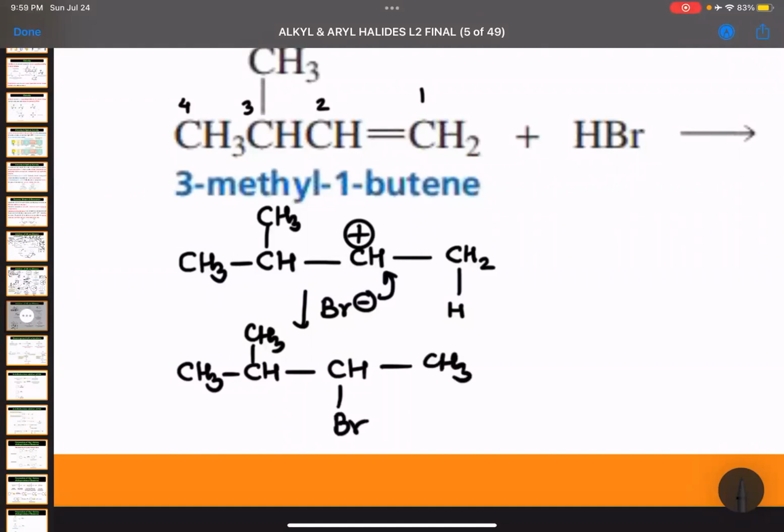So 2-bromo 3-methyl, I'm going to do the counting from this side because B comes before M. 2-bromo 3-methyl butane. But whatever you thought is correct, but this is not the answer.